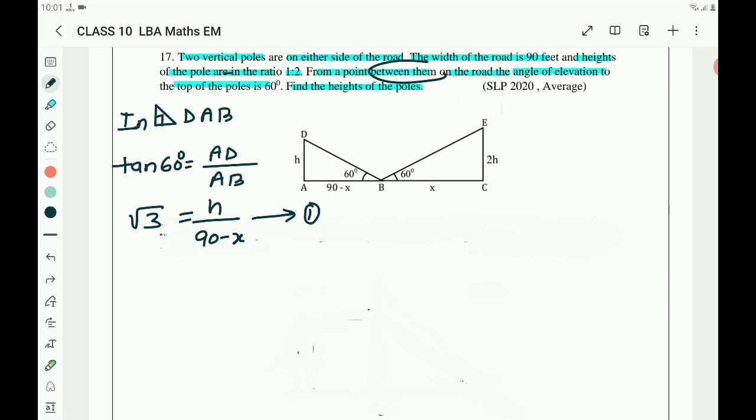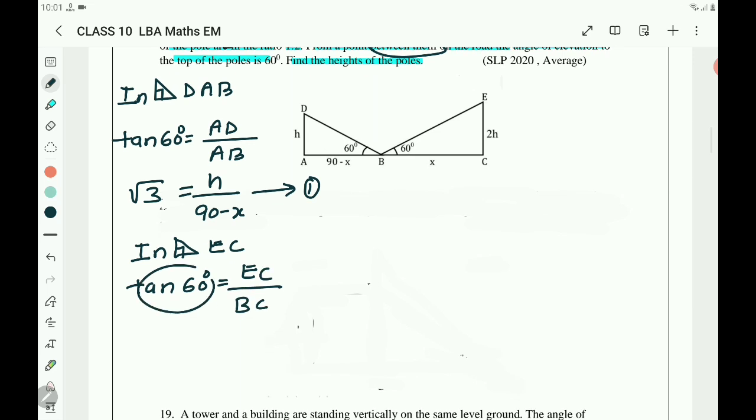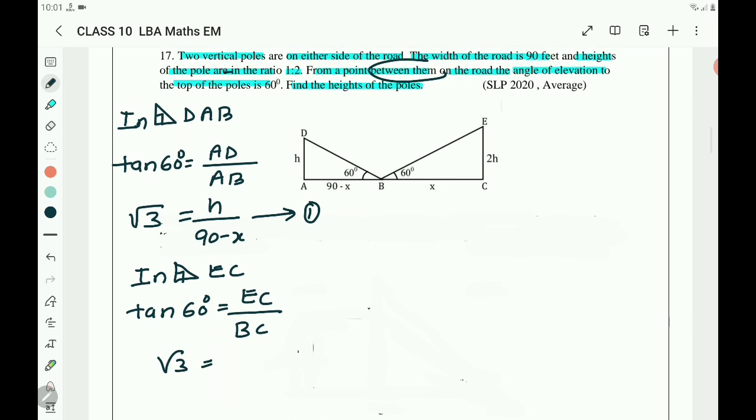Then you write in the right angle triangle ECB, again use tan 60 degrees equals opposite side EC by adjacent side BC. Then tan 60, root 3, equals EC by BC, EC is 2h and BC is x. Consider this as second one.